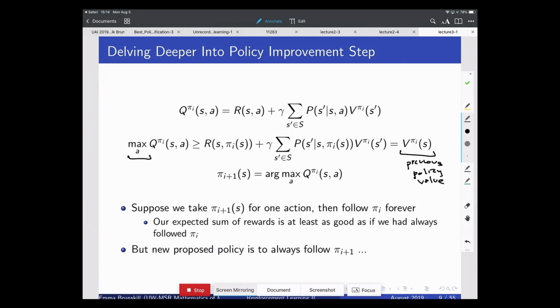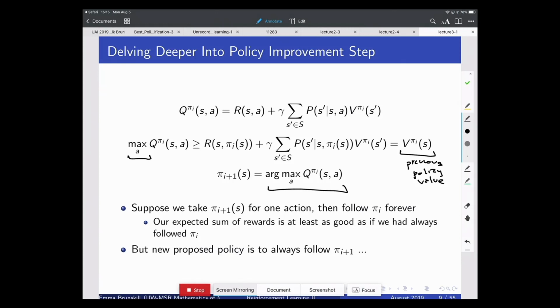This says that if you were to take this new action and then follow pi_i from then onwards, you would be guaranteed to be at least as good as the value of your old policy. But this is not what we're going to do. We're going to compute this new policy, and we're always following this new policy. And so a priori, it should not seem obvious that that's necessarily going to be a better value function, because we're not going to follow the old policy on the remaining time steps.